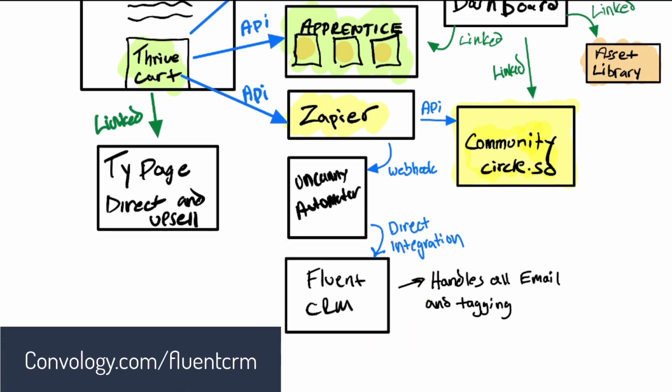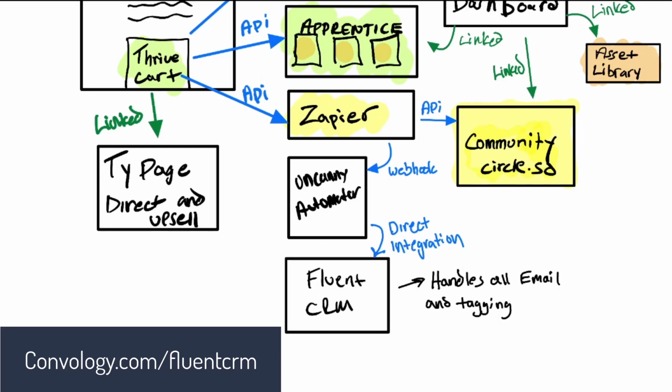Now, Fluent CRM is awesome. It basically puts everything for your email service provider in your WordPress site, and it's super cheap by comparison. Basically, I'm going to save thousands of dollars over the long run by using Fluent CRM.